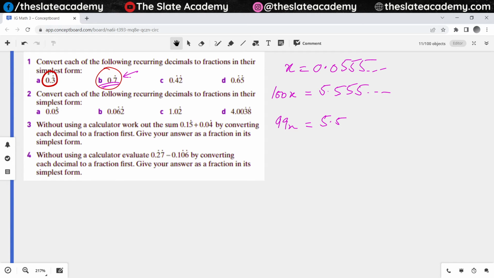So this would give 99x is equal to 55 by 10, because this 5.5, I can write as 5.5 or I can write as 55 out of 10, if I get rid of this decimal. So it will become 55 by 990.